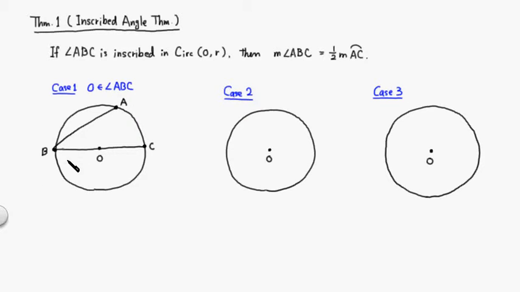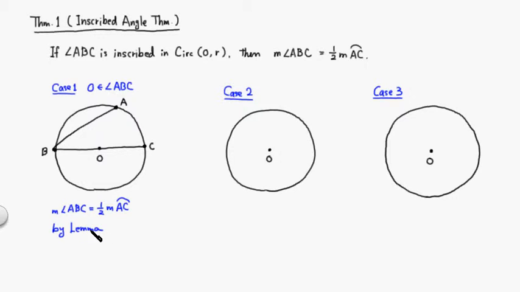So therefore, we know that the measure of the angle ABC is definitely 1/2 of the measure of the arc AC. So this is by the lemma, because it's exactly the same situation, right?